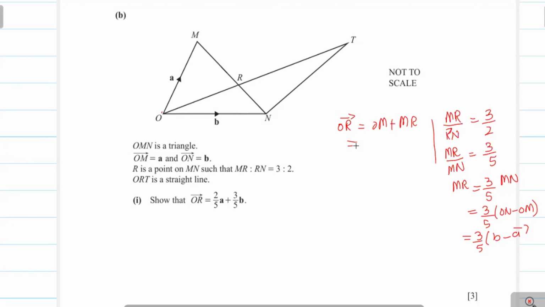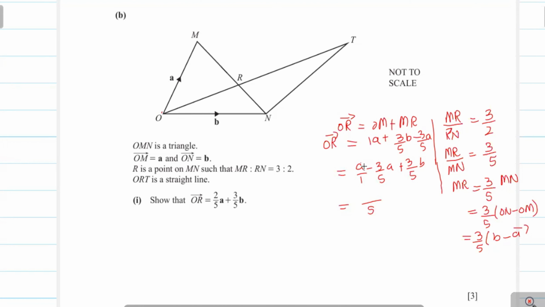Therefore, we write here OR will be equal to OM, which is a, plus 3 over 5 b minus 3 over 5 a. We can write it as a minus 3 over 5 a plus 3 over 5 b. We take the LCM of 1 and 5.